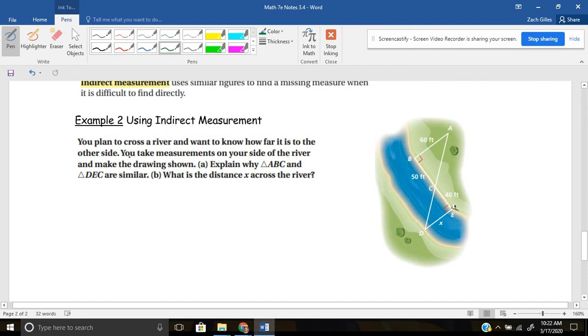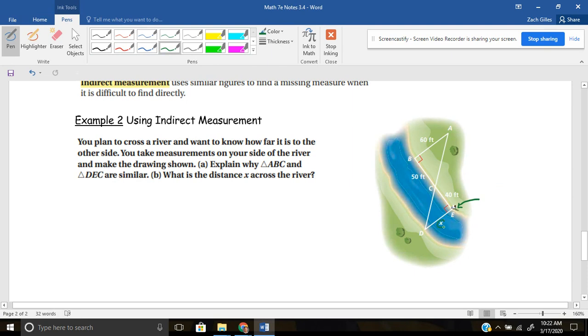It says you plan to cross a river. It might be a little bit tricky to see, but here you are. You plan to cross the river and you want to know how far it is to the other side. So we're starting here and we want to know how far it is.